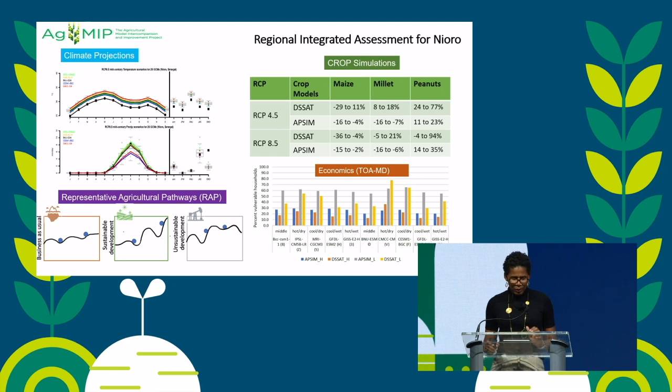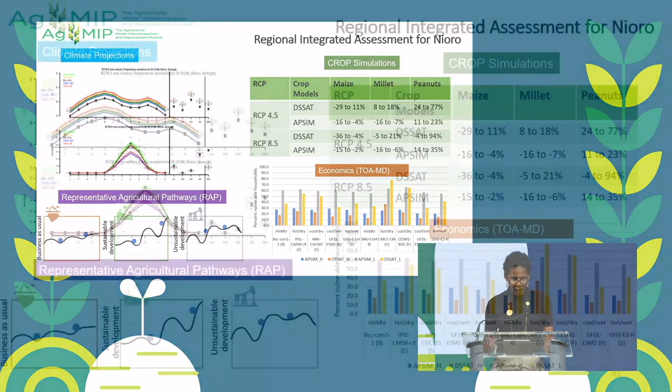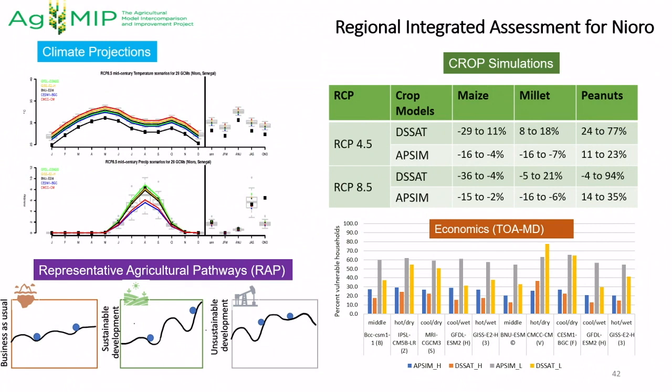In Senegal, with AgMIP, we have realized a regional integrated assessment based on the Nioro area. And we have done climate projection, crop simulation, economic modeling. We have also worked a lot as the IPAR team on the participatory prospective exercise with what we call the representative agricultural pathway.